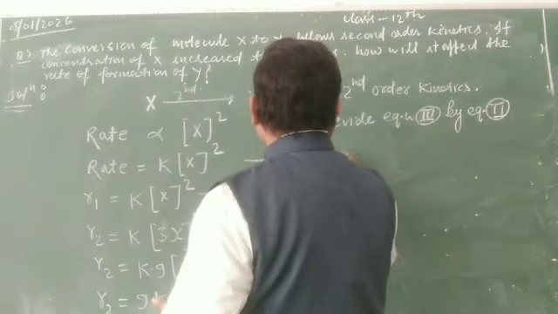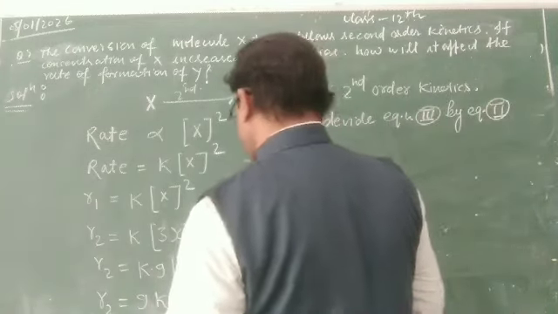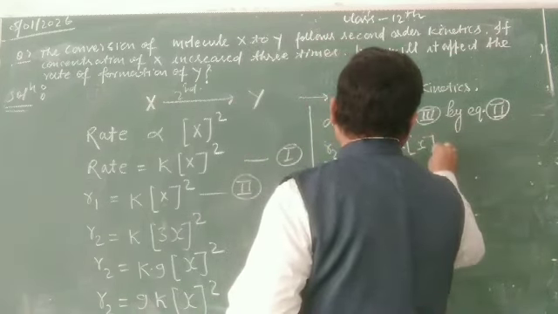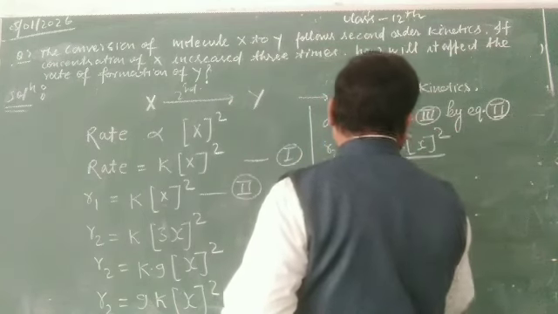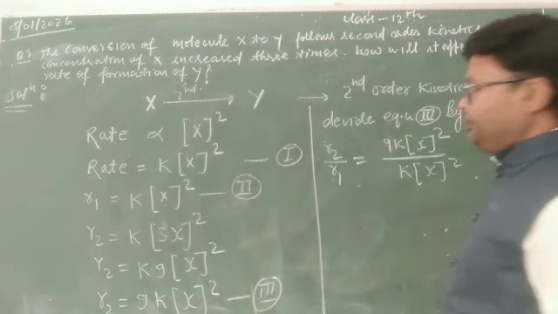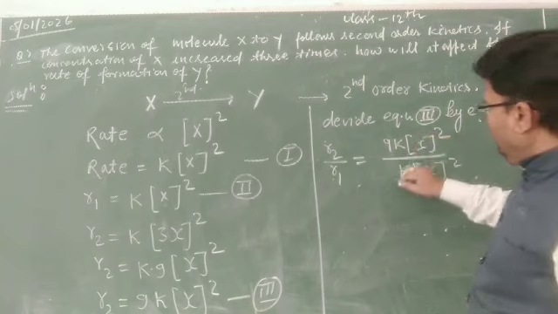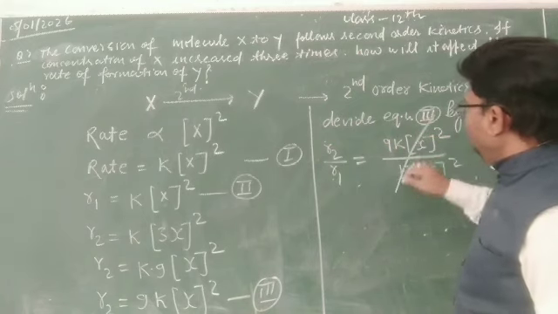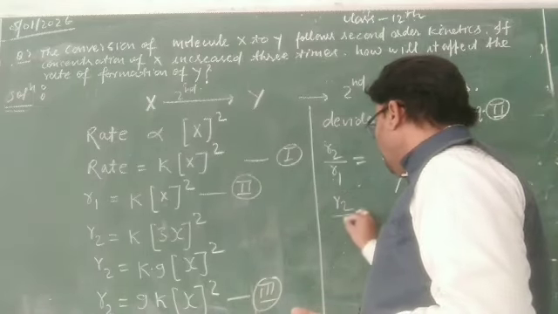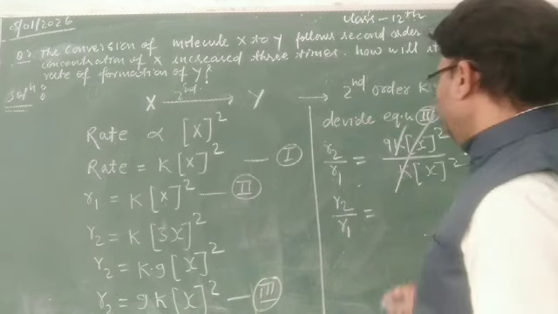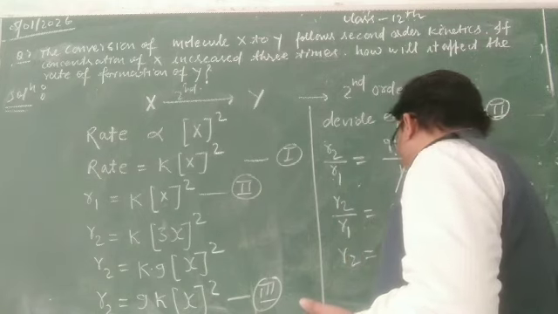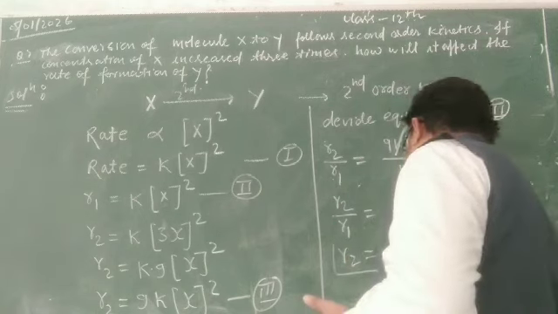We get R2 upon R1 is equal to 9k x square upon k x square. These quantities cancel each other, and we get R2 upon R1 is equal to 9, or R2 is equal to 9 R1.